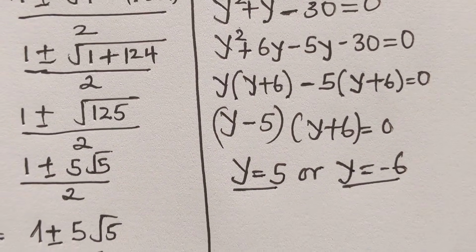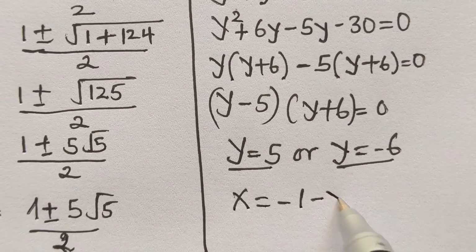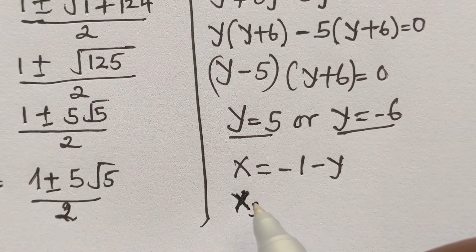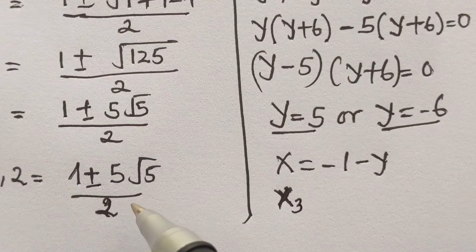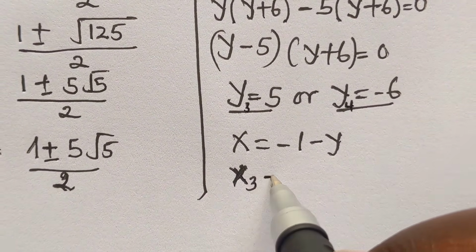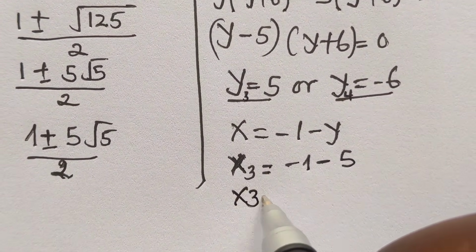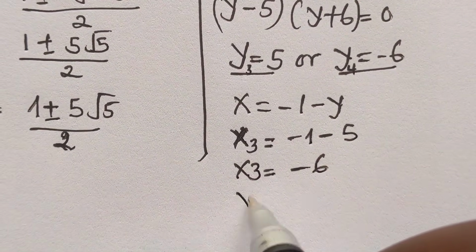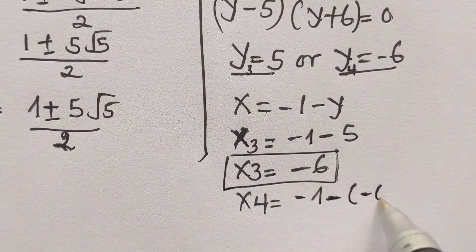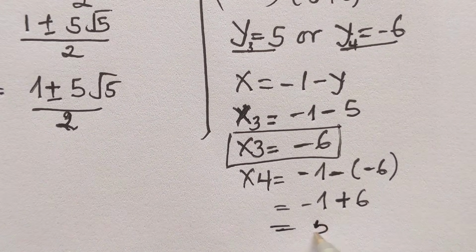According to the equation that we have, where x equals negative 1 minus y, we have x3 and x4. This will be negative 1 minus 5, which is negative 6, and x4 will be negative 1 minus negative 6, so negative 1 plus 6, which is equal to 5.